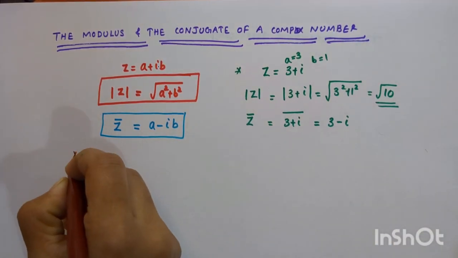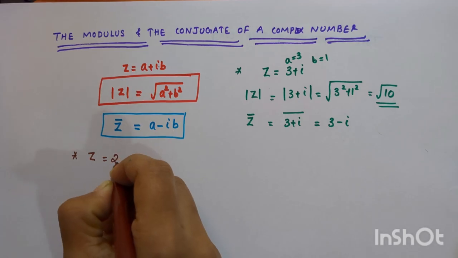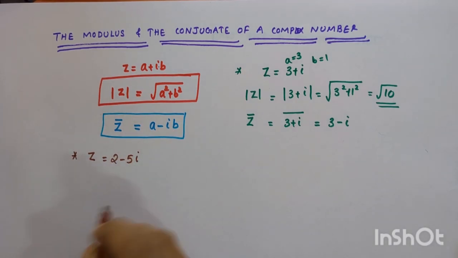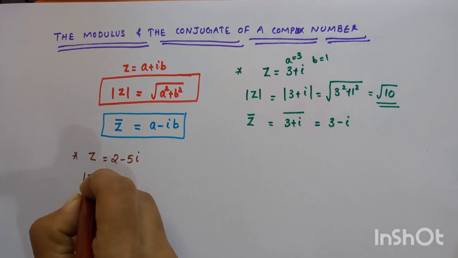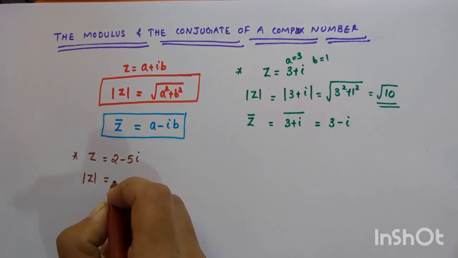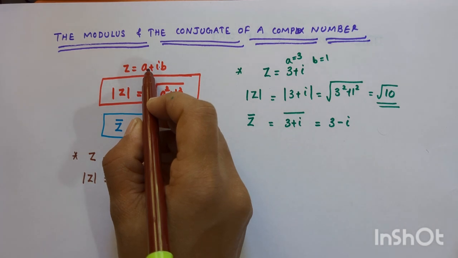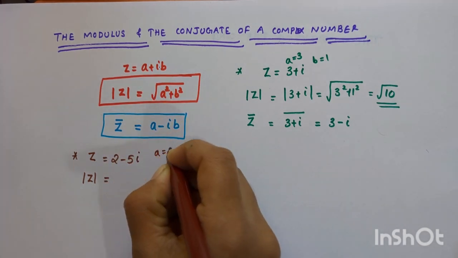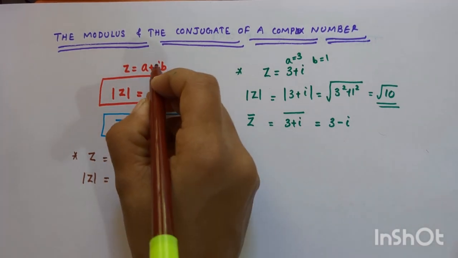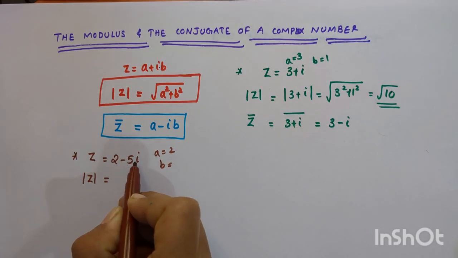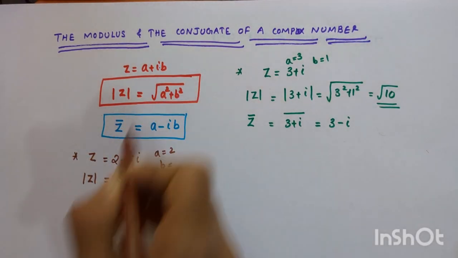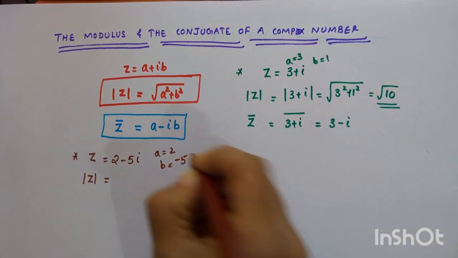Similarly, let us consider another example. Let us take the complex number z as 2 minus 5i. Then the modulus of this number z can be written as follows. When you compare this complex number with a plus ib, here a is equal to 2, and b is minus 5.